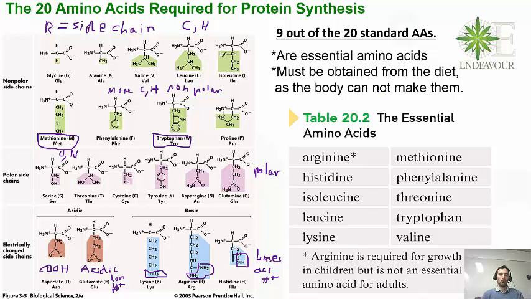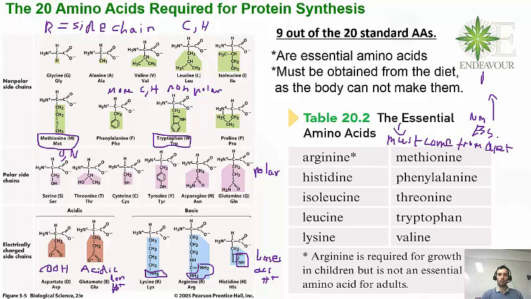So remember what I said in the introduction about our amino acids? So they fall into either the essential group or what we call the non-essential. So if something is essential, this means that it must come from diet, because the body actually cannot make it. Compare this to where we have a non-essential amino acid.